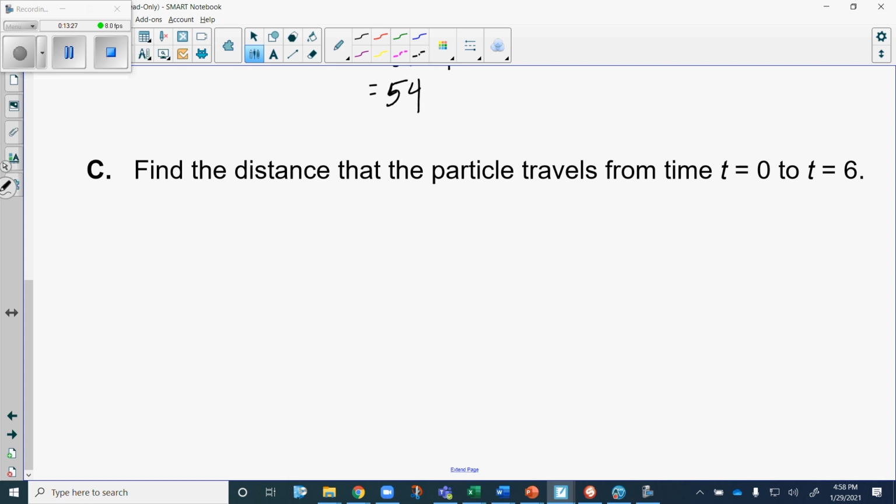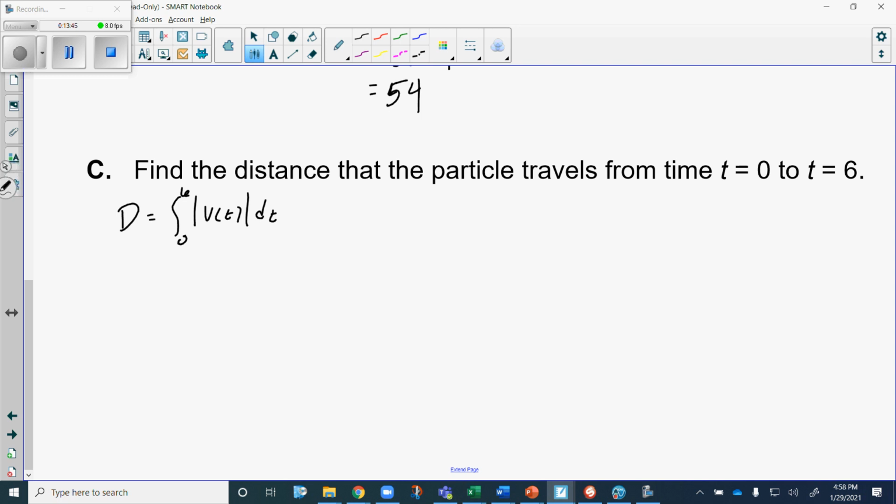So here, where I'm looking for the total distance, that is going to be the definite integral from 0 to 6 of the absolute value of v of t dt. And that one is kind of wholly different.